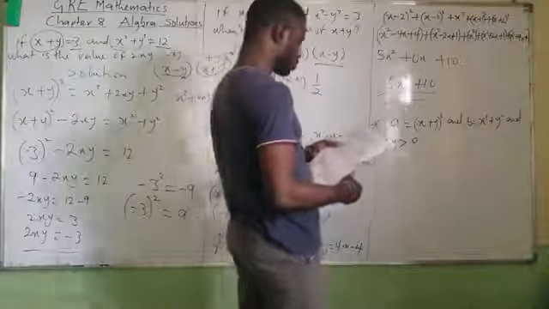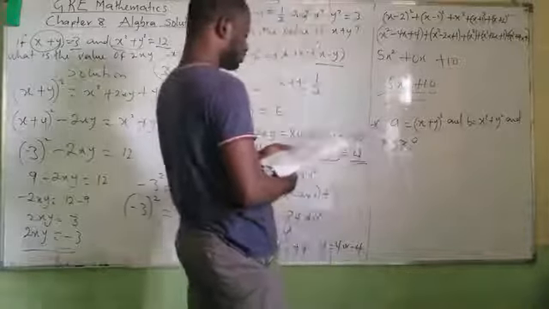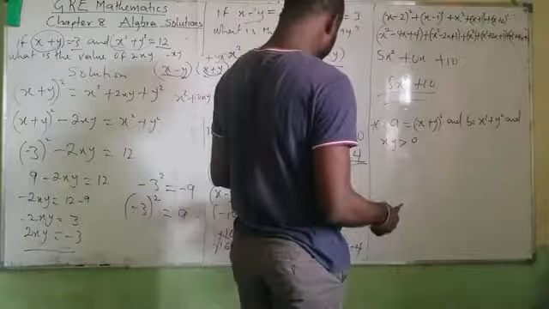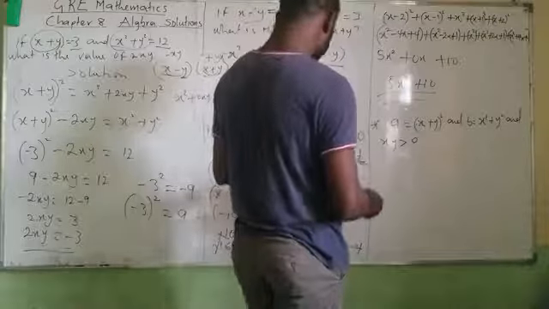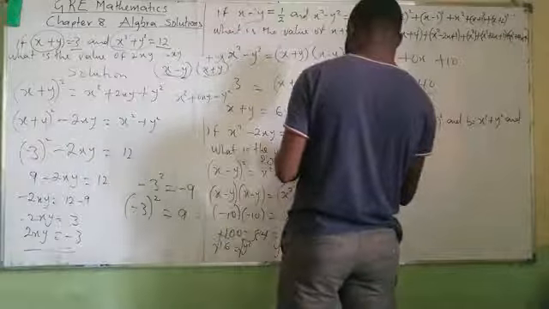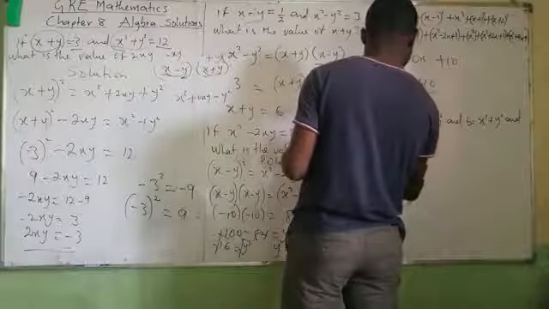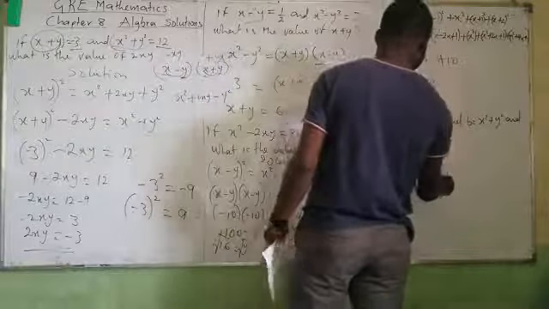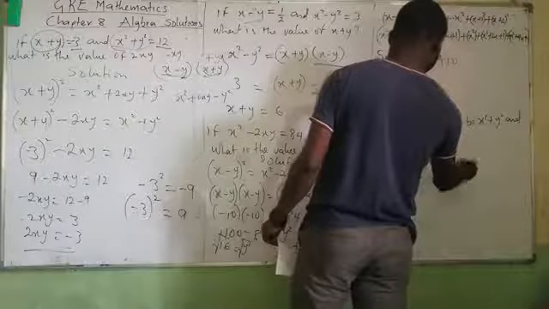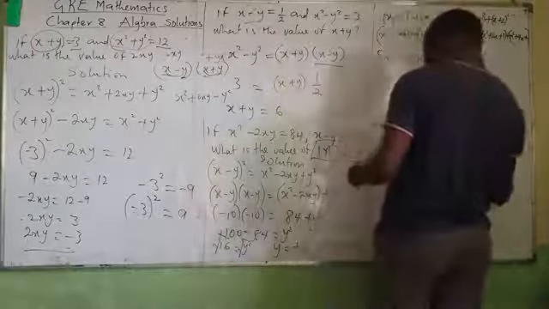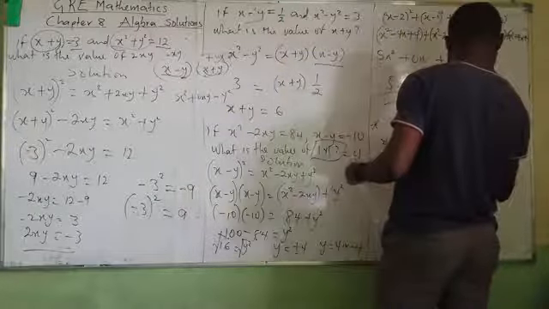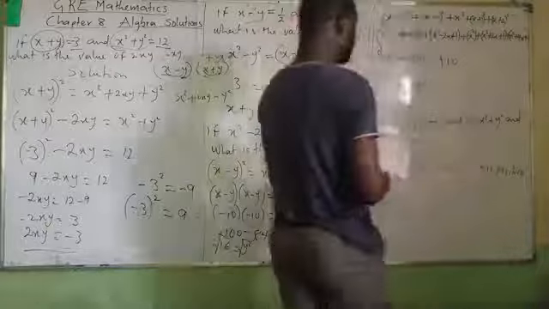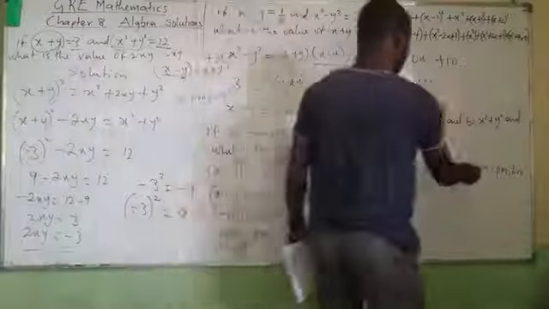Now, what can I do here? What will be their relation? Is it a equals b, a greater than b, and c, a is positive integers. Positive integers. That is c.